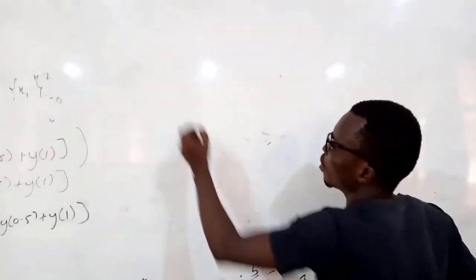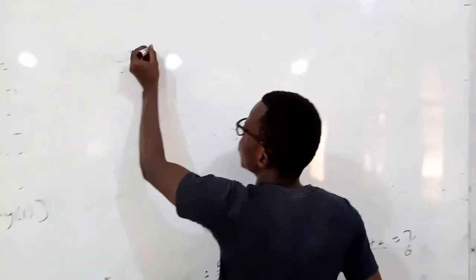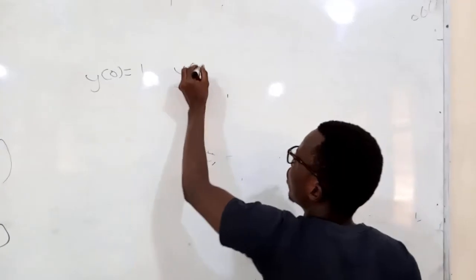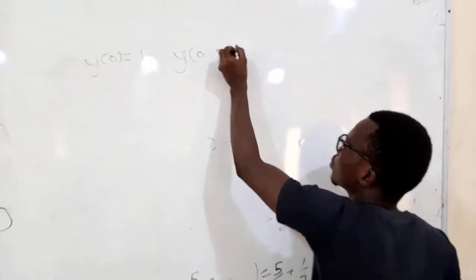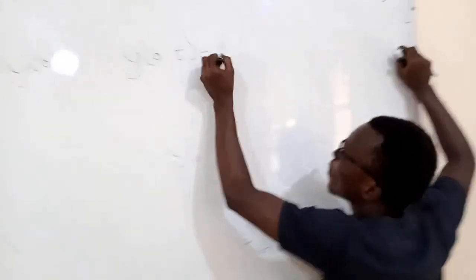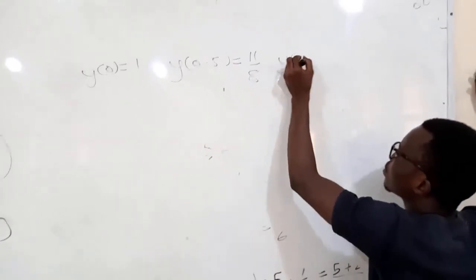Now, we have our y naught to be equal to 1 and y of 0.5 to be equal to 11 out of 8 and y1 to be equal to 7 out of 4.